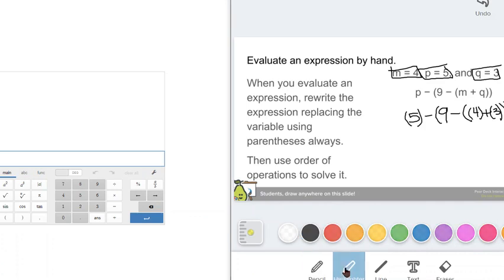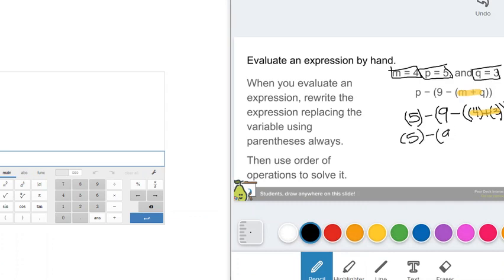Now, because I'm doing this by hand, I am going to apply the order of operations. That states that groups are done first. So this is my group. I solve this part first. Everything else I copy. So I have here 5 minus 9 minus 4 plus 3 is 7.